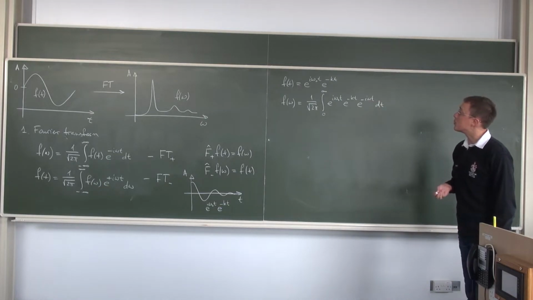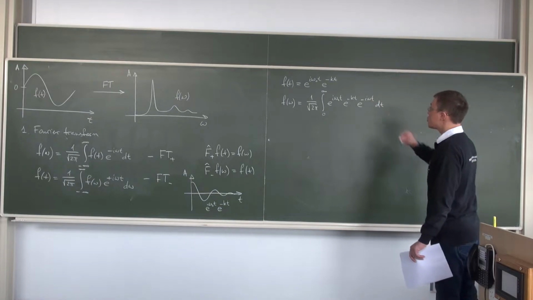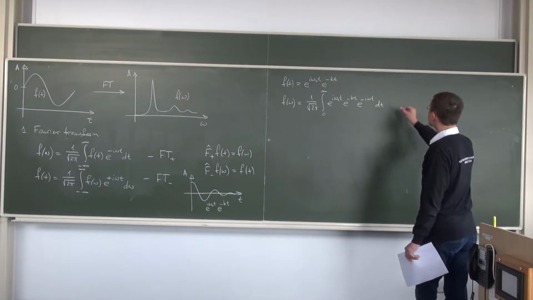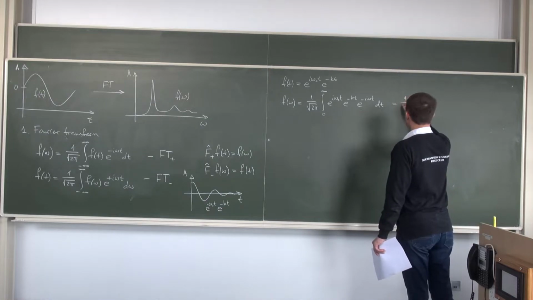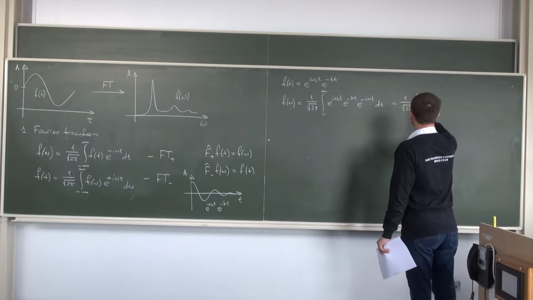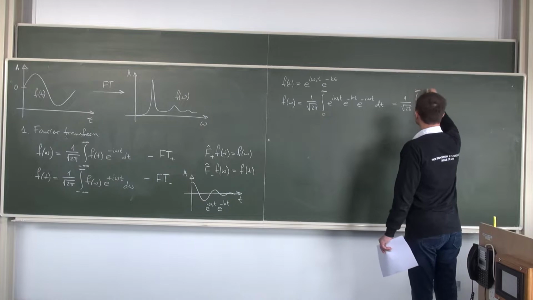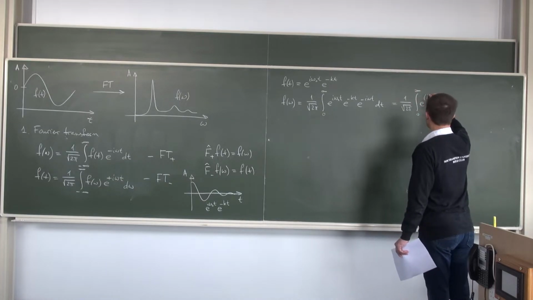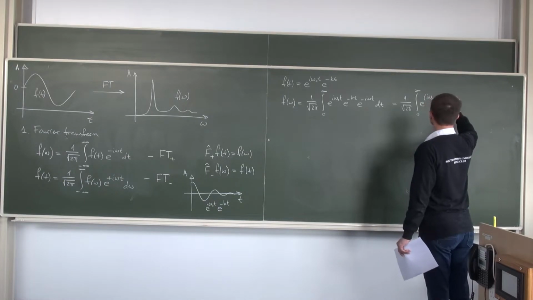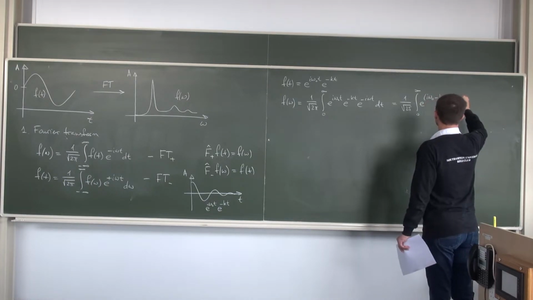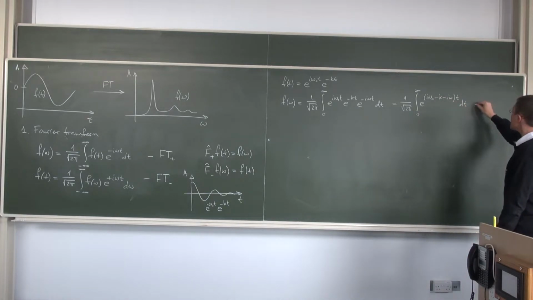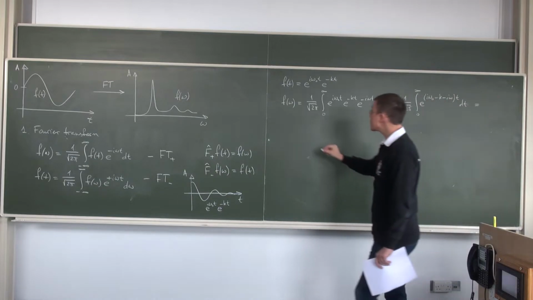So what I will do first is I will merge all of the indices and I will take time out of the bracket. So 1 over root 2 pi integral from 0 to infinity e to the power of i omega naught minus k minus i omega t dt. We know perfectly well how to integrate exponential functions.